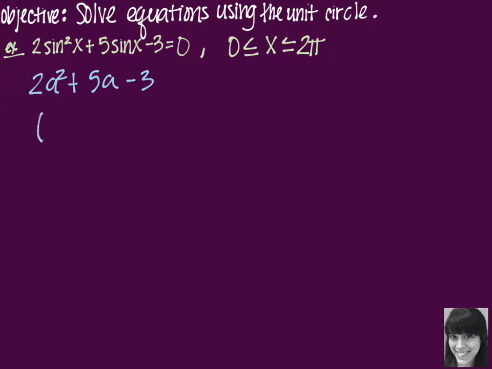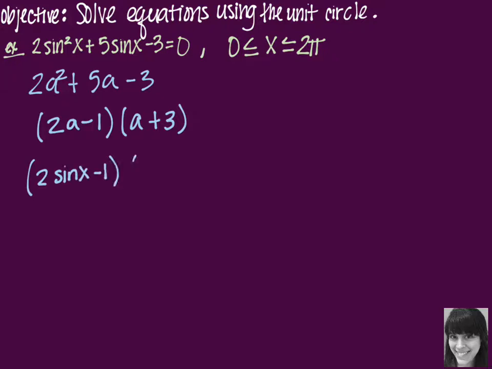So if we wanted to do that, of course we just did this problem on the last slide, so you'd get 2a minus 1 and a plus 3, and then you would go back and substitute in sine. So 2 sine of x minus 1 and sine of x plus 3.